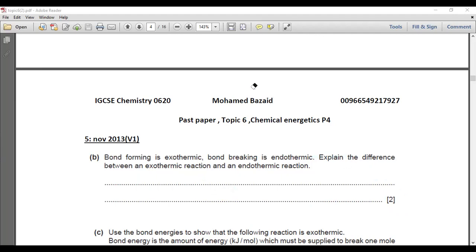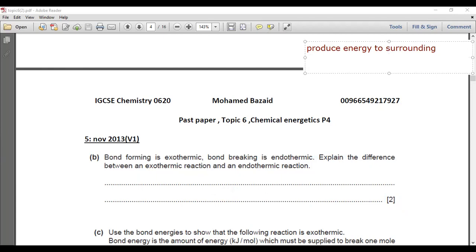Mr., do I have to say thermal energy or just energy? Look, if you say energy, you need to say it produces energy to the surroundings. How many kinds of energy do you have? Do you mean sound energy?